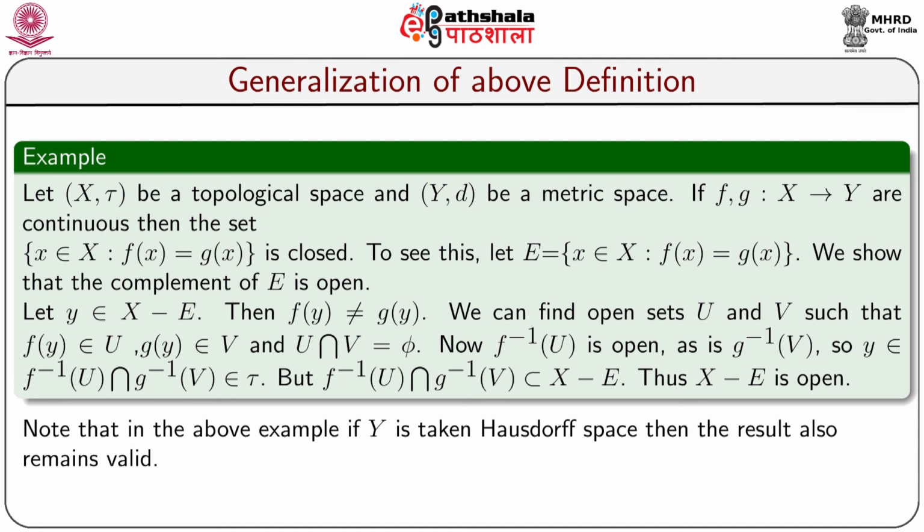So y belongs to f inverse U intersection g inverse V, which belongs to tau, but f inverse U intersection g inverse V is contained in X minus E, thus X minus E is open. Note that in the above example, if Y is taken as a Hausdorff space, then the result also remains valid.